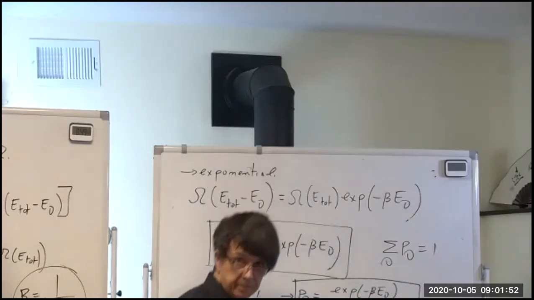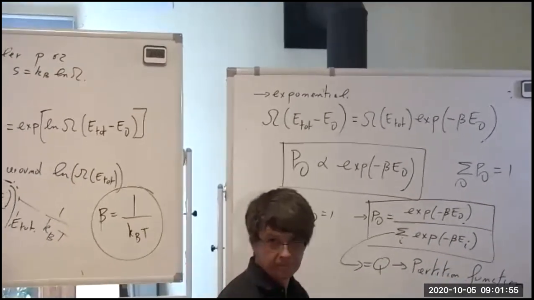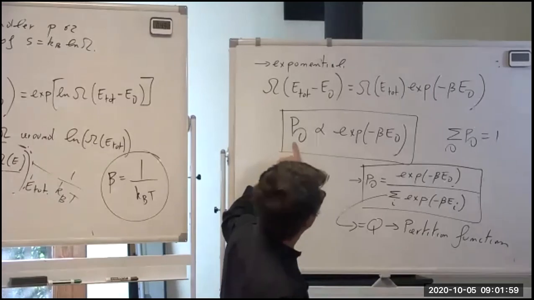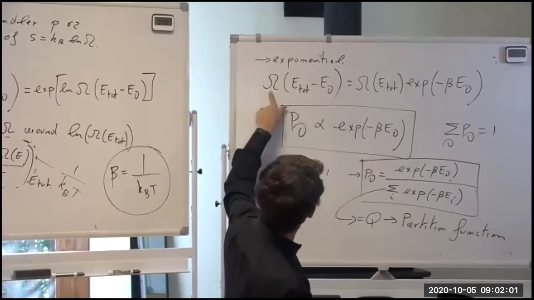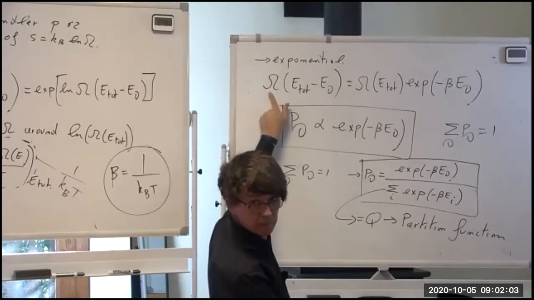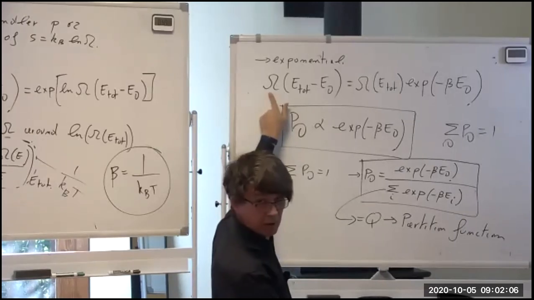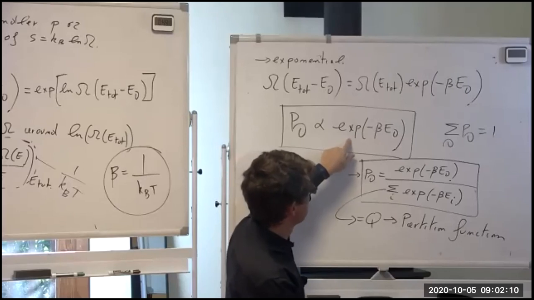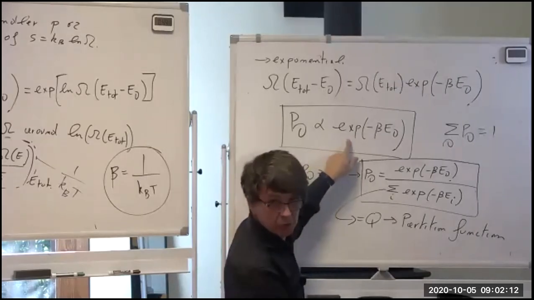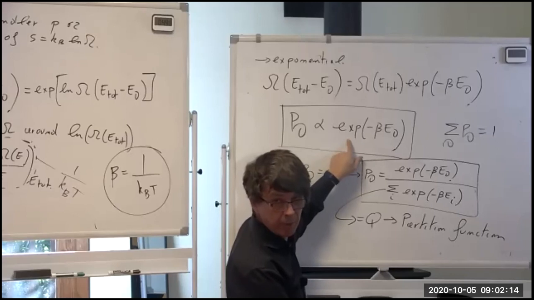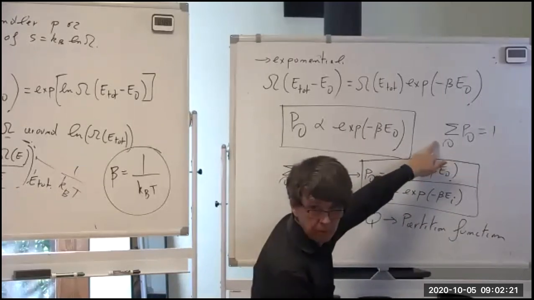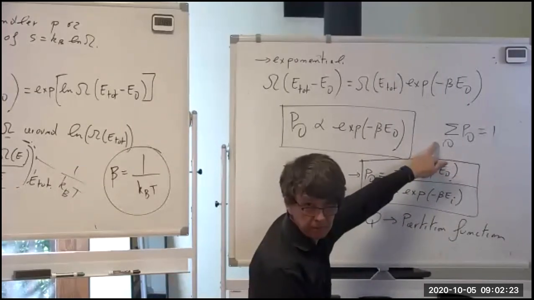Can you read that? I'll go back down. Okay. So we took the log here. That means that the probability, because the probability is proportional to omega, how many states there are in the bath, is proportional to the exponential of minus beta E nu. Once we have a proportionality relation for probability, we formally have the relations because we always know that the sum over all the states, probability has to sum to 1, right?